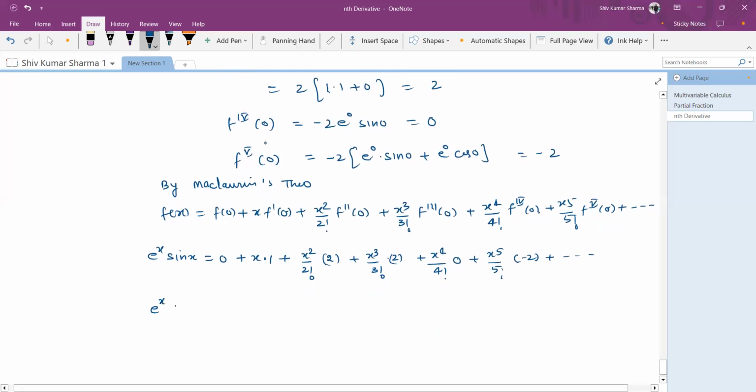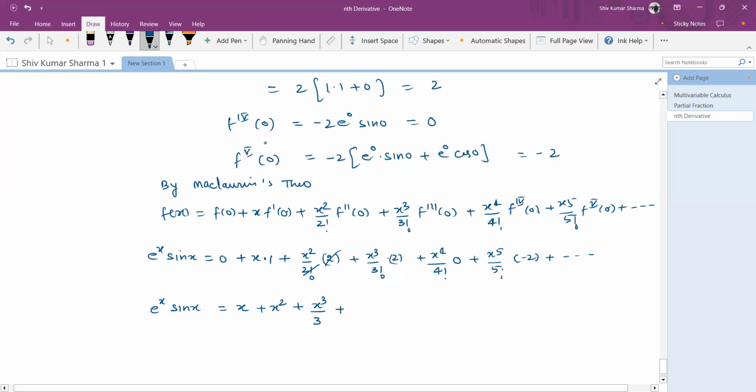So e raised to the power x into sin x is equal to x plus x square, where the 2 and factorial 2 cancel, plus the next term x cube upon factorial 3. Factorial 3 means 6, so 2 threes are 6.